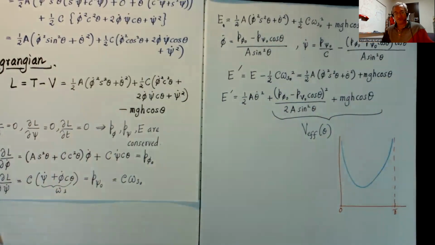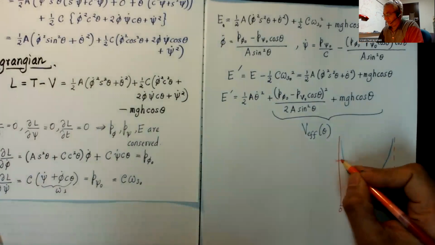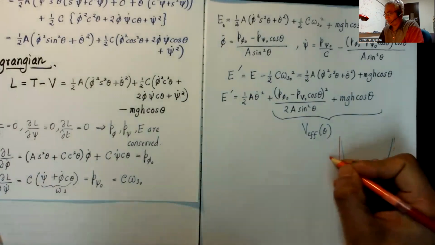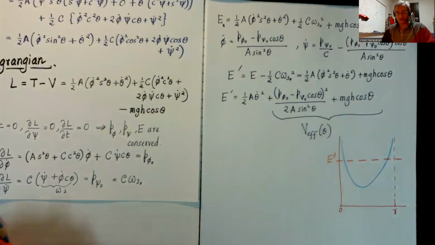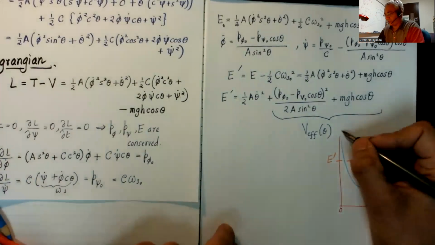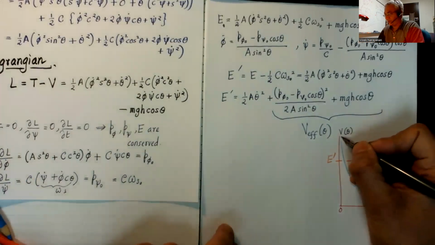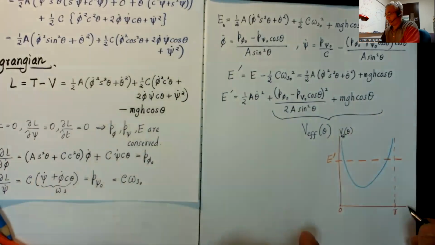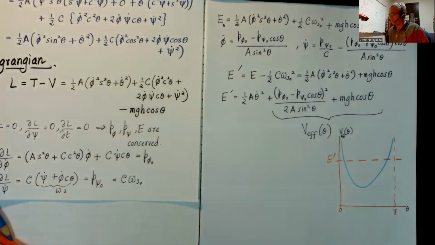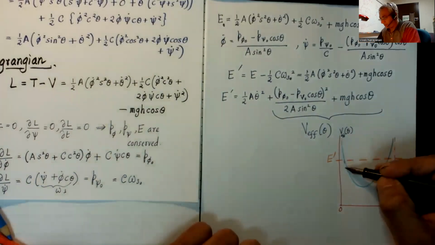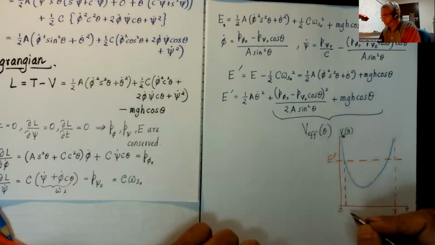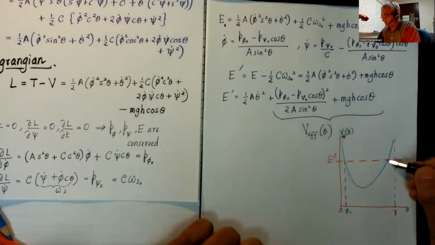The interesting thing is, for a fixed value of energy, this cannot go too far away from a certain behavior. So for example, let's fix the energy E prime to be something. This diagram is known as the effective potential diagram. So I'm plotting here V effective as a function of theta, and on the x-axis I'm plotting theta. You observe that all the motion is forced to occur between two turning points, theta 1 and theta 2.